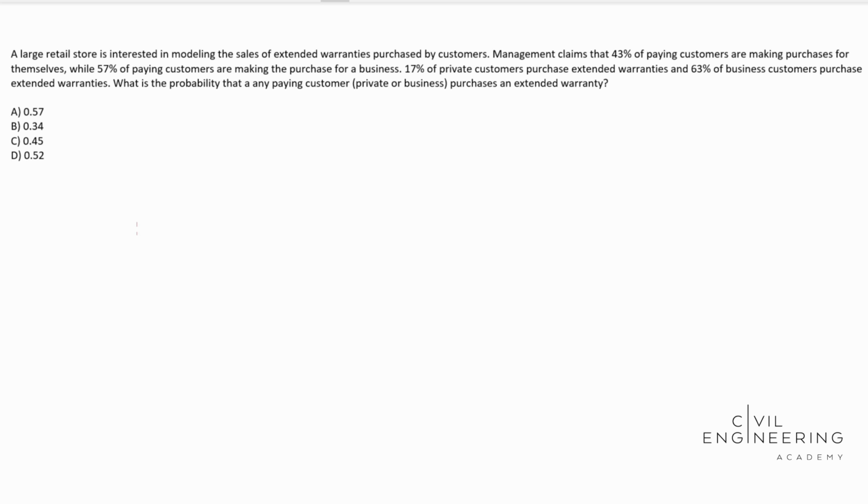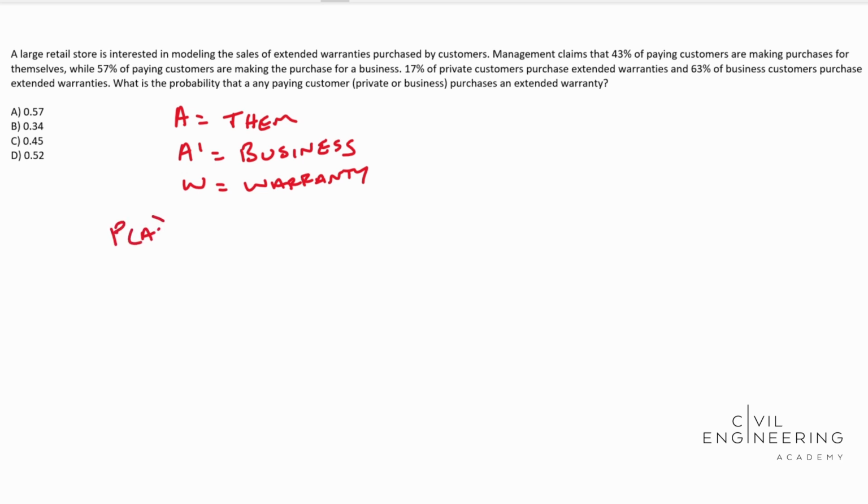Alright, so the trick to this is breaking it down into events. So my A is purchasing for themselves. I'm going to have an A naught, purchasing for business, because they're opposite. And then I'm going to have a W signifying a warranty. So what's the probability of A?